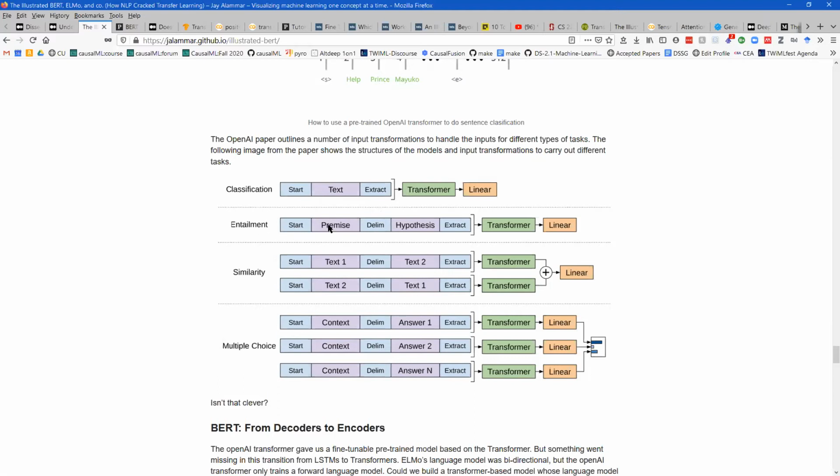Entailment, I guess, is this idea of whether a sentence follows another, well, it's more complicated than that. It gives you a premise, and then you have to decide whether the hypothesis follows. I think that's otherwise sometimes known as natural language inference, which means does the premise lead to the hypothesis, I forget the exact terms, but the bottom line is, can one be reasonably derived or inferred from the other?